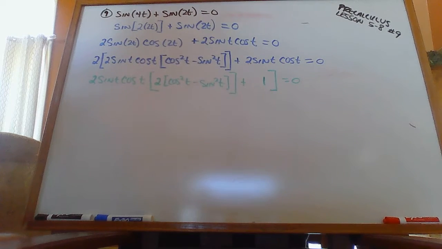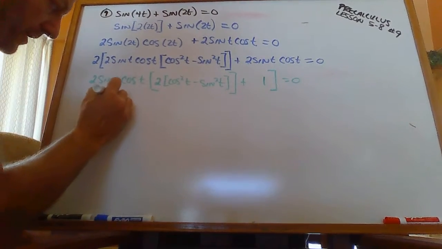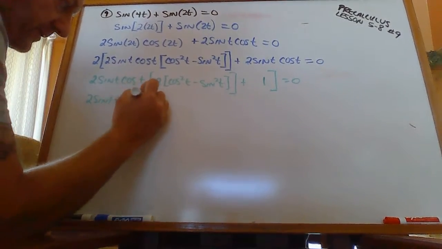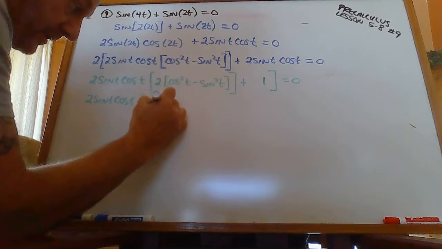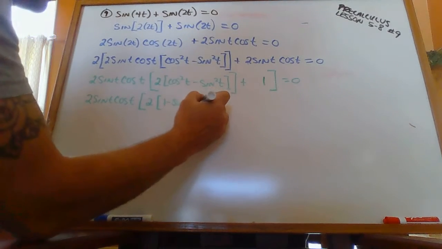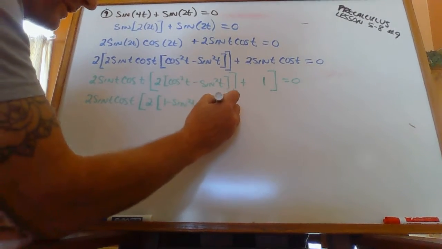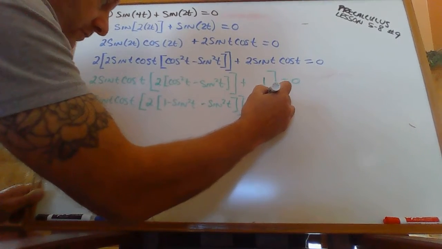So then I've got to kind of consolidate this stuff a little bit in here. Now, remember cosine squared t, that is the same thing as 1 minus sine squared t. So I'm going to change this to 1 minus sine squared t minus another sine squared t plus 1.